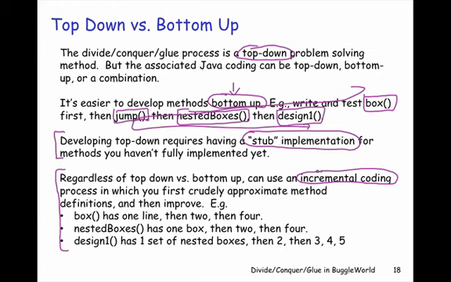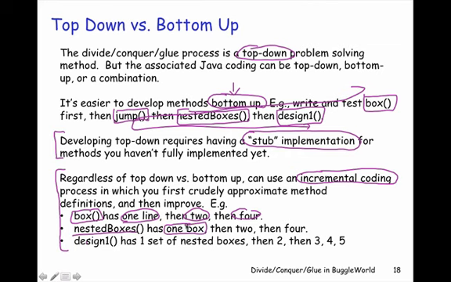For instance, when you're writing the box method, rather than drawing all 4 lines of the box, first just draw 1 line and test to make sure it draws the 1 line where you expect it to. Then draw the 2nd line, and then add the other lines, such as the 3rd and 4th line. When you're drawing the nested boxes, don't draw all 4 nested boxes. Have it draw 1 box first.